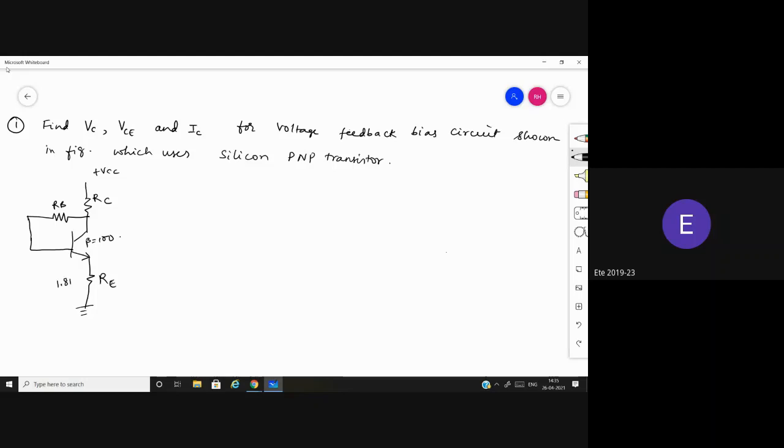This is given as 1.8 kilo ohm. This is given as 2.2 kilo ohm. This is given as 470 kilo ohm. And this is minus 18 volt. So why is VCC minus 18 volt? Because it's a PNP transistor. Even this sign should change.